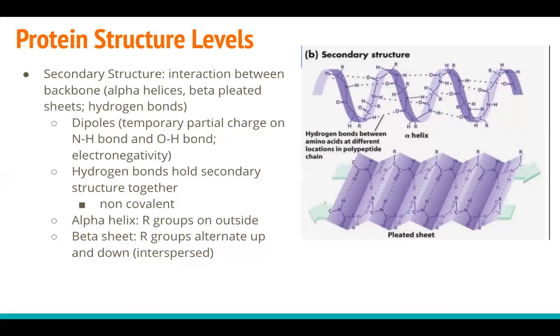The idea for this class is that your covalent bonds are usually going to be your strongest bonds, and there are two covalent bonds mainly that you'll see, which are peptide and disulfide bridges. The rest of the bonds, like hydrogen bonds, van der Waals, and ionic or electrostatic, are considered non-covalent, and the non-covalent bonds are weaker than the covalent bonds.